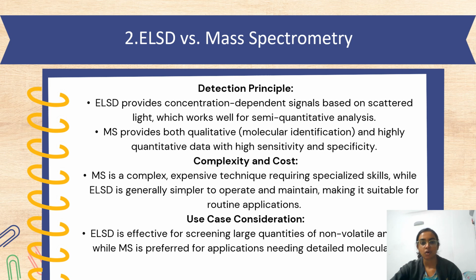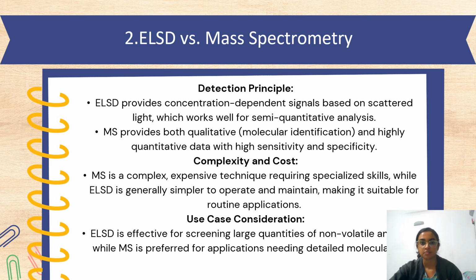Its complexity and cost: mass spectrometer is a complex, expensive technique requiring specialized skills, while ELSD is generally simple to operate and maintain, making it suitable for routine applications. Use case consideration: ELSD is effective for screening large quantities of non-volatile compounds, while mass spectrometry is preferred for applications needing detailed molecular analysis.